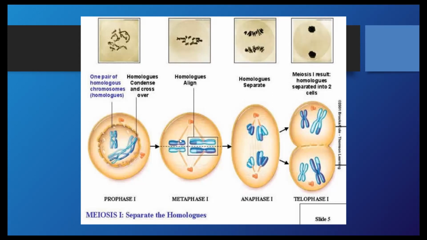This is the equatorial line, but they are not separated yet. If you look at it, the spindle fibers are actually attached to the centromere, and pulling it to the opposite sides.